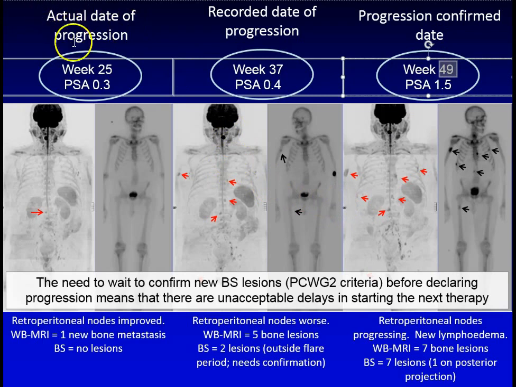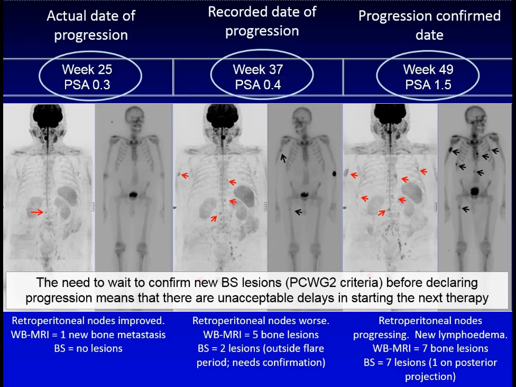Now, the actual date that the MRI detected progression was 25 weeks. We confirmed progression at 49 weeks, and what's recorded in the notes is 37 weeks. That constitutes a delay in calling disease progression, which can result in delays in starting the next therapies.